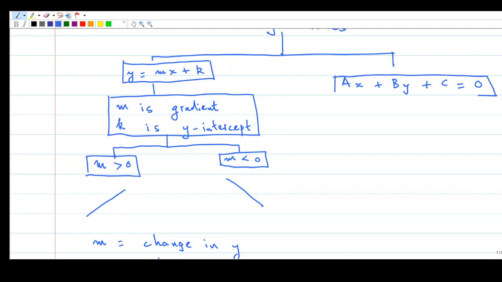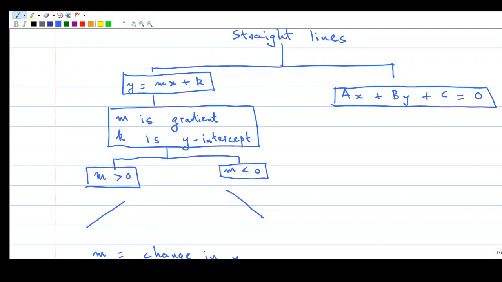So you can take the general form and, by solving for y, write the equation in the form y is equal to mx plus k. Right, from that, you'll be able to get out the gradient and the y-intercept. If possible, in certain cases, we have special cases. You could have an equation like this.